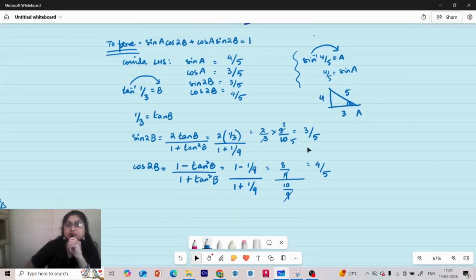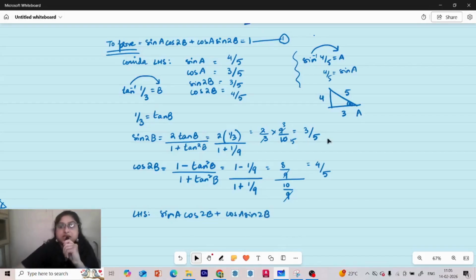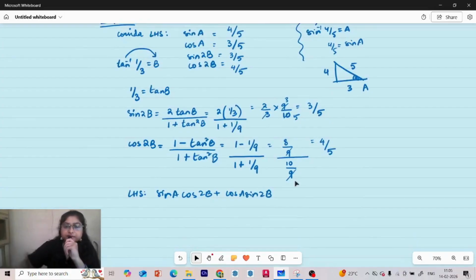Let's put them in the equation that we have to prove. In LHS, sin a cos 2b plus cos a sin 2b. Put in all the values. Sin a is 4 by 5 into cos 2b, again 4 by 5, plus cos a, which is 3 by 5, into sin 2b, which is 3 by 5.